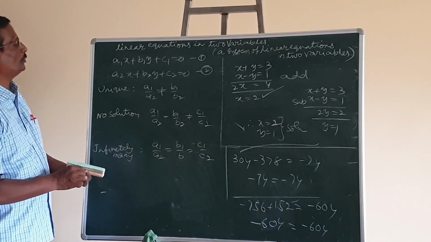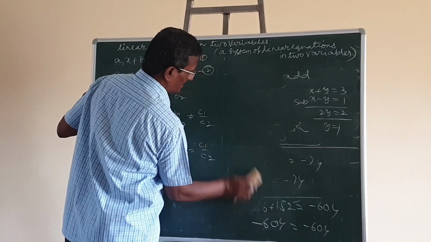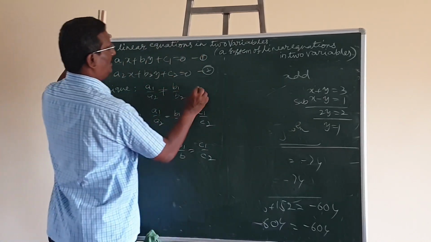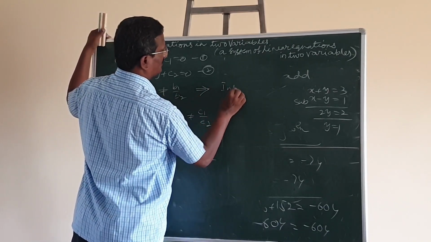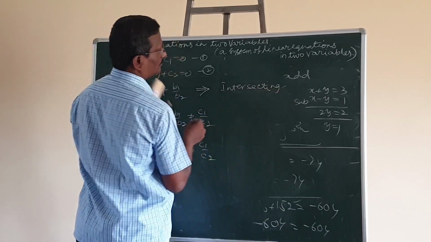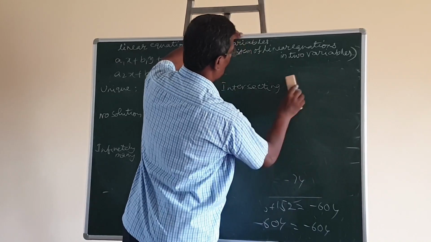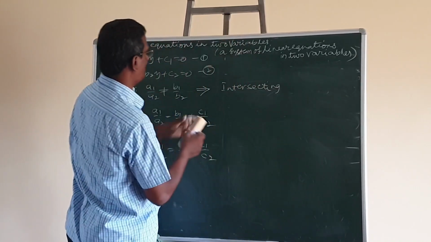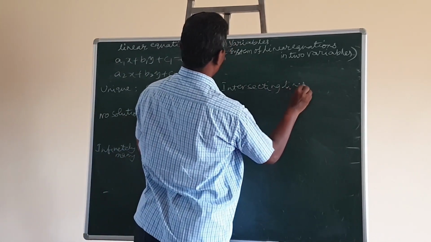In case of unique solution, the graphical representation, how it will be, let's mention. If the system is having unique solution, the graph of this system is intersecting lines.